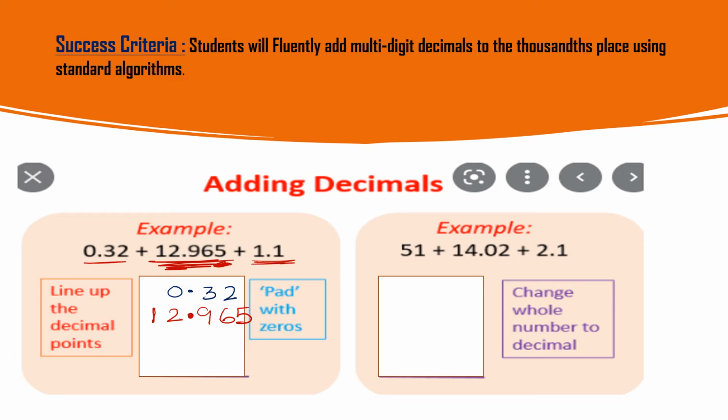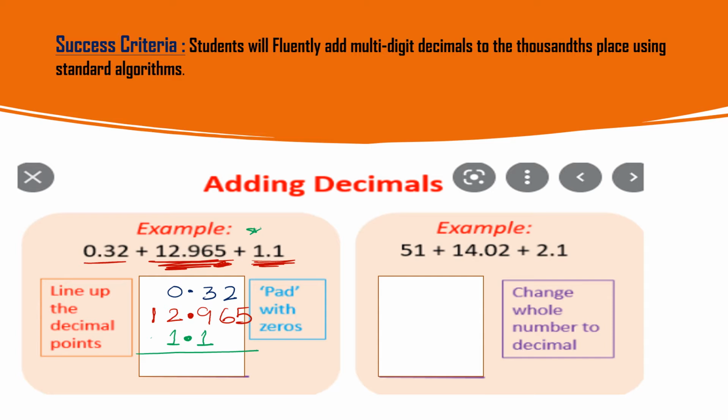Now we have 1.1. What did we say? Under the decimal, we have to put the decimal. This one is before the decimal, so we put it here. Under the 9, you just write the 1. That's all. No need to write anything else.